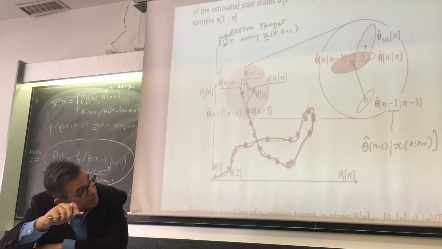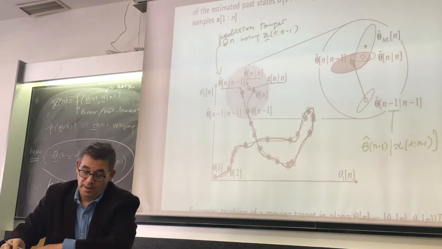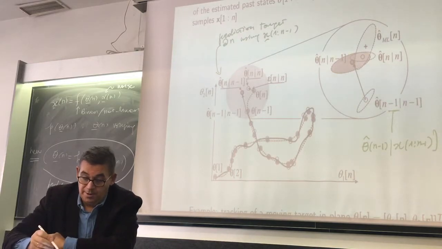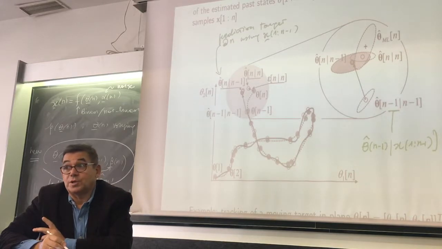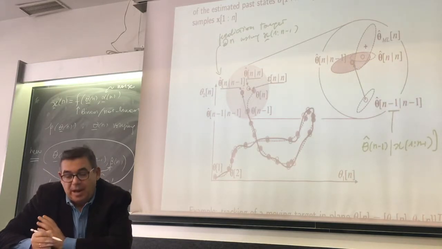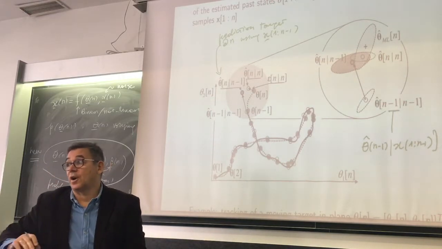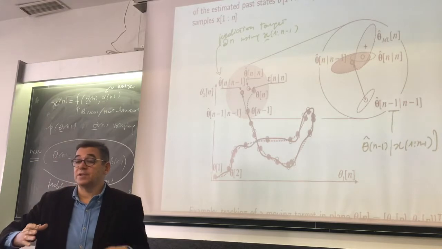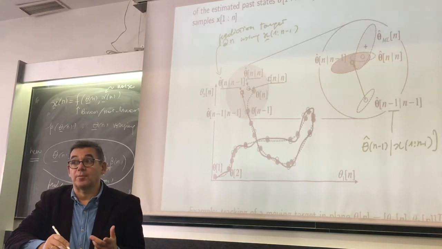So the prediction uses all the samples, not the current one, but only the past. When I make the prediction, I'm using the samples but not the last one, so I expect that my prediction is taking the error and growing the error. If I have some uncertainty about my position, by making a prediction, my uncertainty is growing.